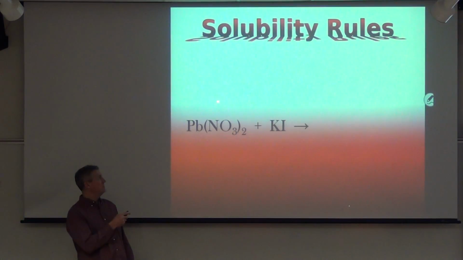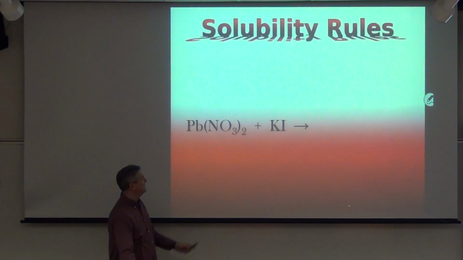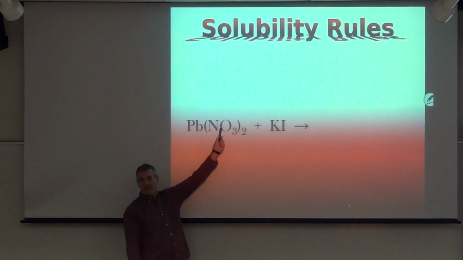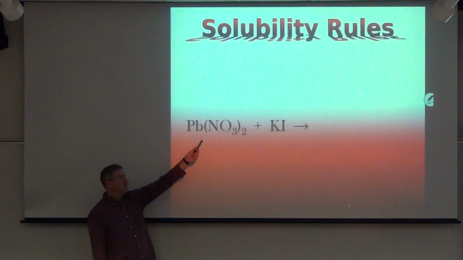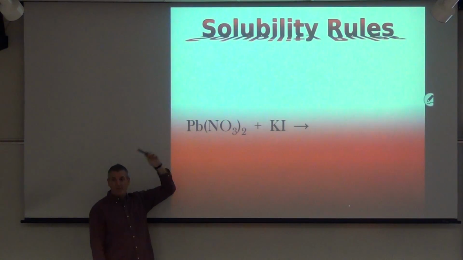It's lead(II) nitrate, because our nitrate ion has a -1 charge. There's 2 of them, so this is -2. So our lead has to be +2. So it's lead(II) nitrate, which is different than, say, lead(IV) nitrate.